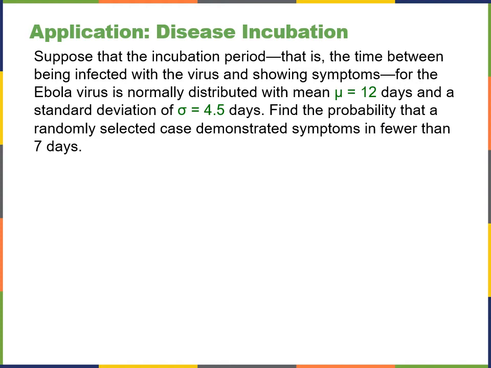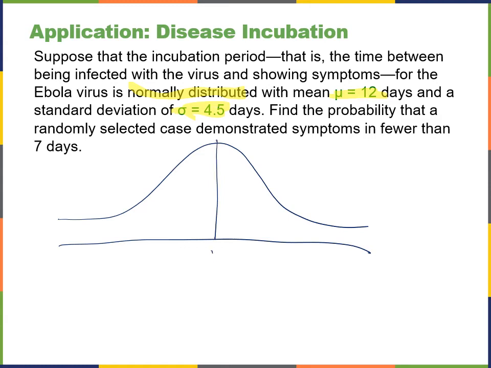So, key words here. Normally distributed with a mean of 12 and a standard deviation of 4.5. What's the probability that a randomly selected case had symptoms in fewer than 7 days?